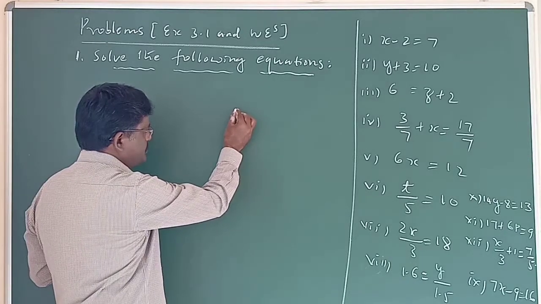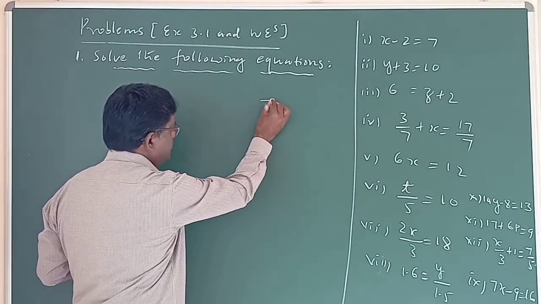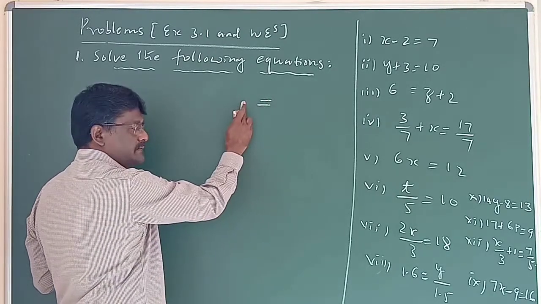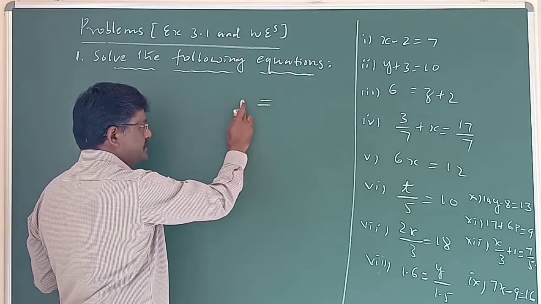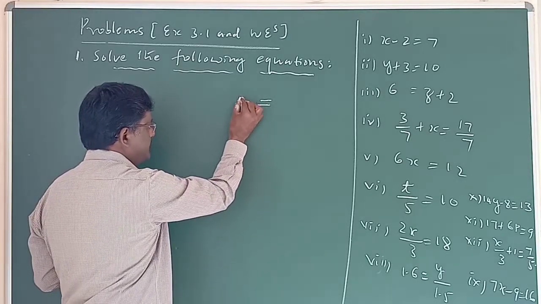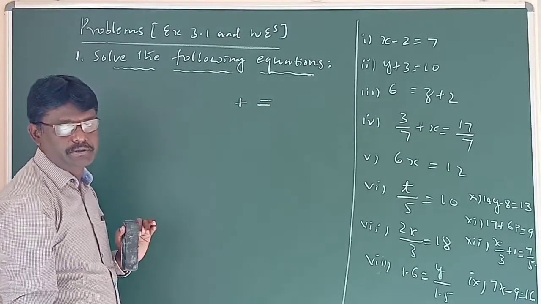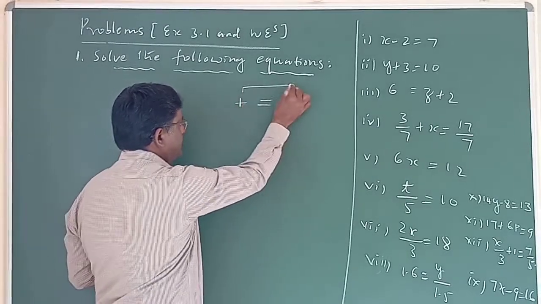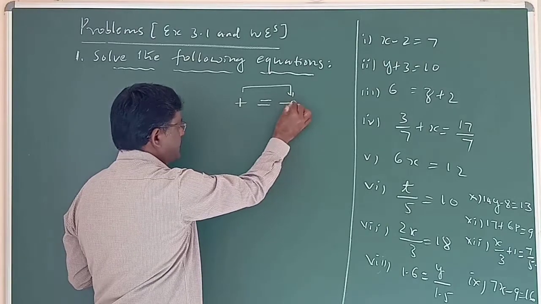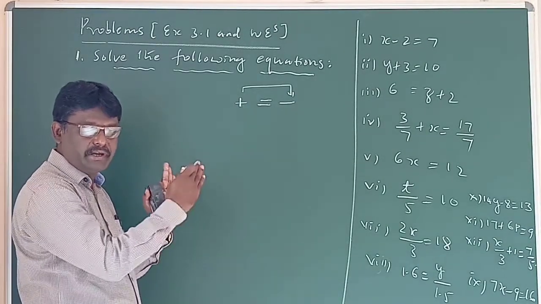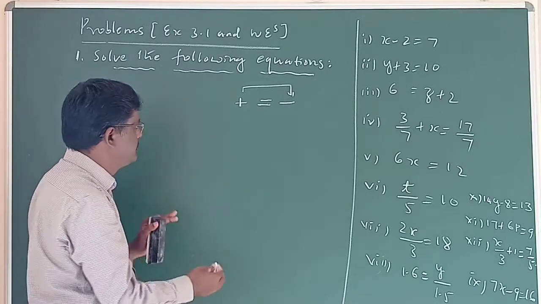Here is the left of the equation and the right of the equation, LHS and RHS. Anything we shift from left to right: if it is plus, it becomes minus. Addition becomes subtraction.